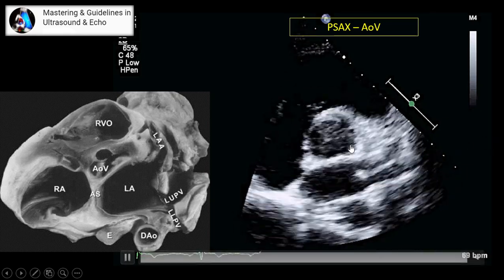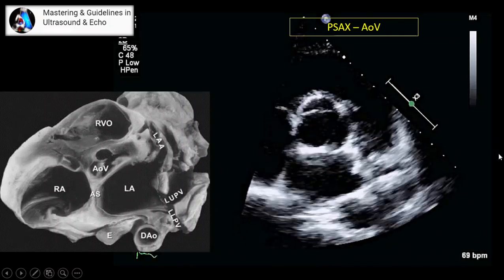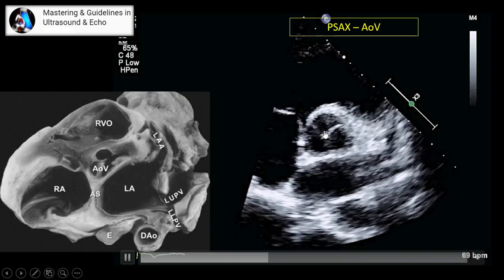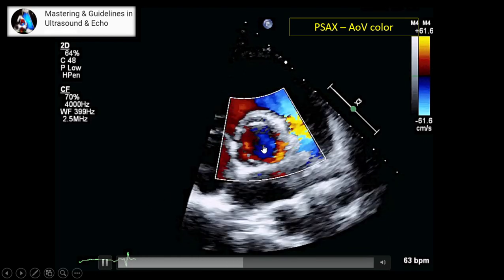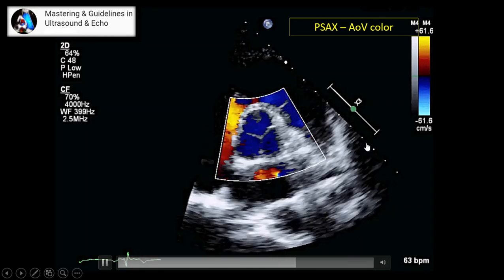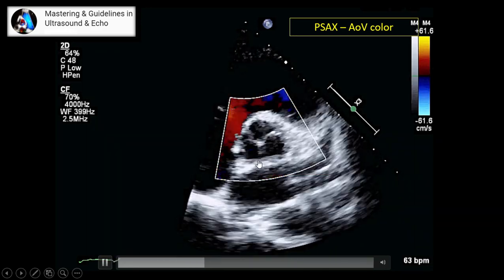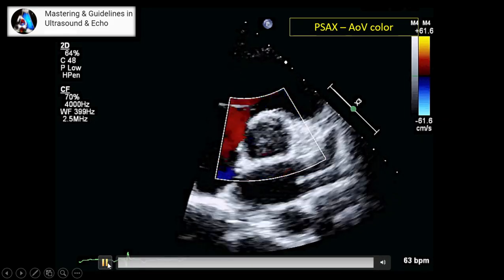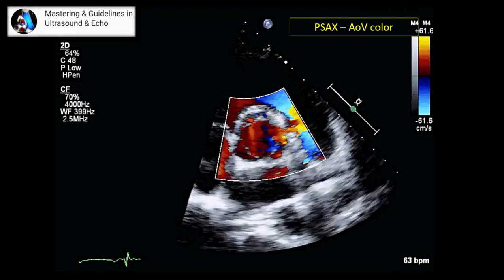Our image is focusing only on the aortic valve first. So after we find and show all three cusps, we put color over only the aortic valve, and we record it, and we try fanning up and down to see if there is any jet or not. As you notice here, insufficiency means a jet during diastole.